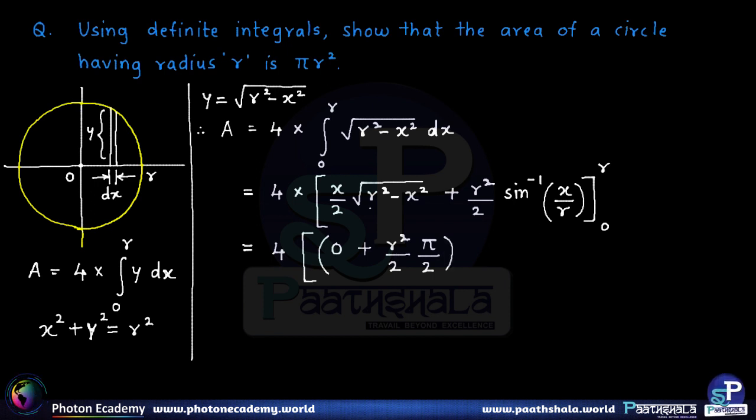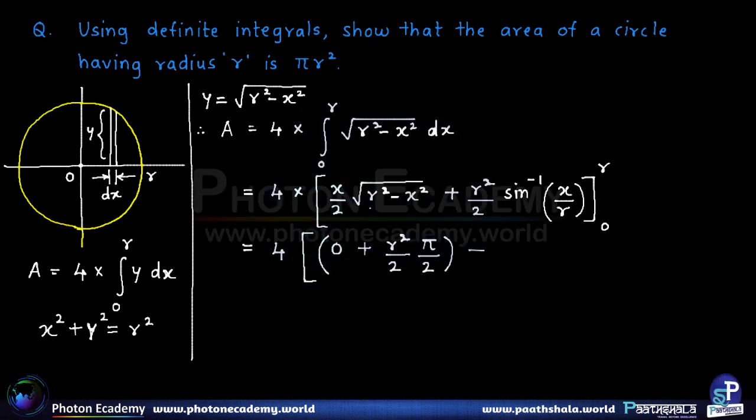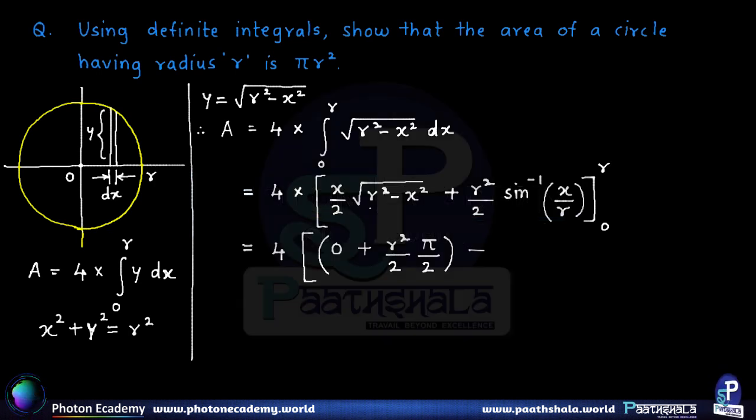Now from it we have to subtract the expression that we get by putting the lower limit. When we put x as 0, the first term becomes 0 simply because we have x by 2 as one of the factors in the first term. And in the second term, we have sine inverse of x upon r. If we put x as 0, x upon r gives us 0, and sine inverse of 0 is nothing but 0.